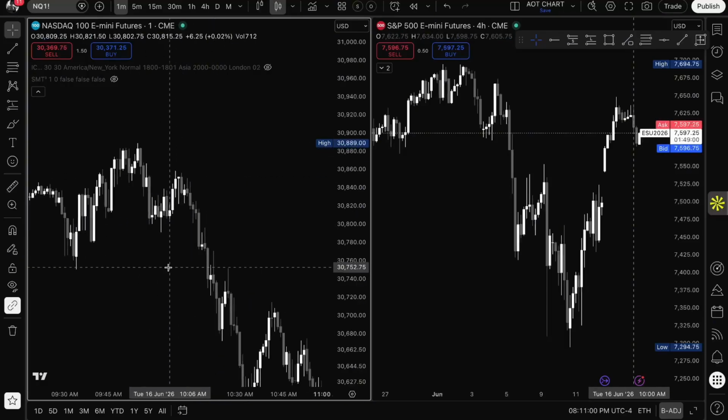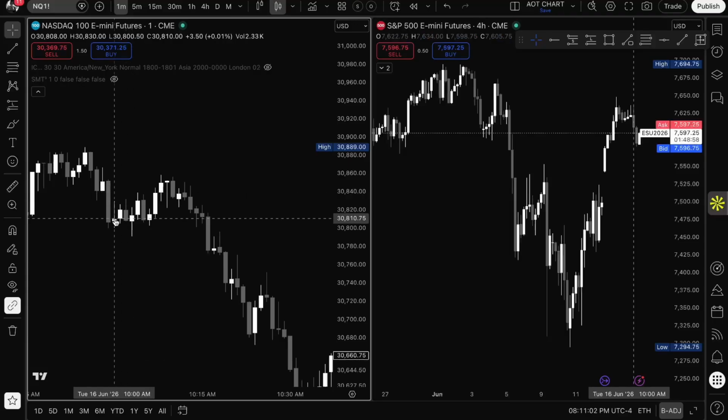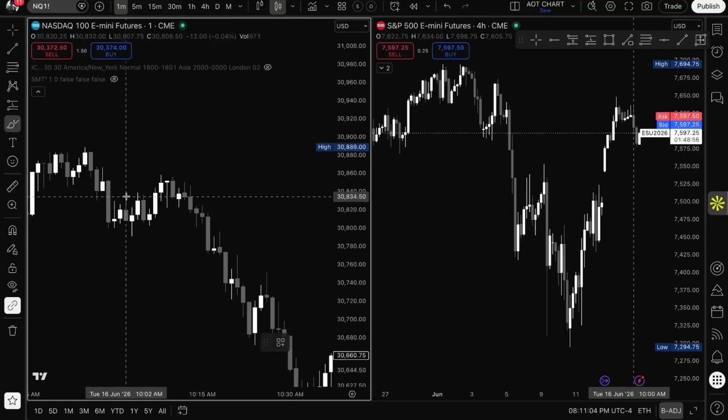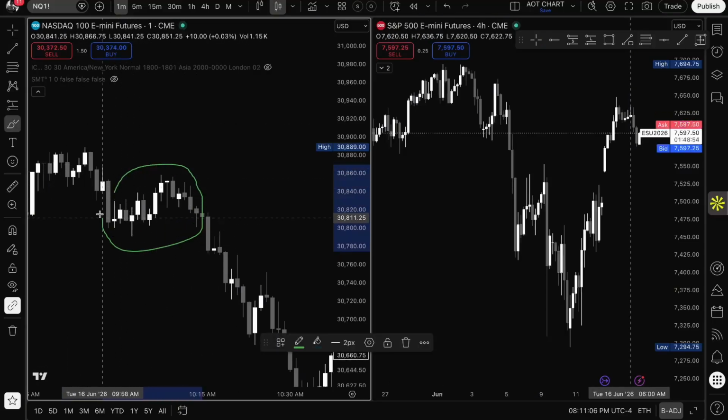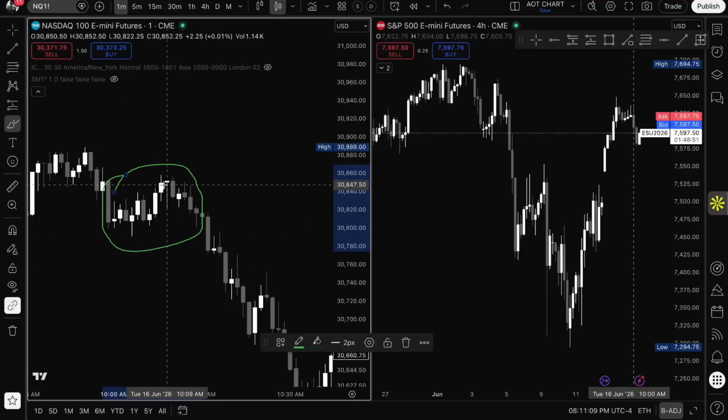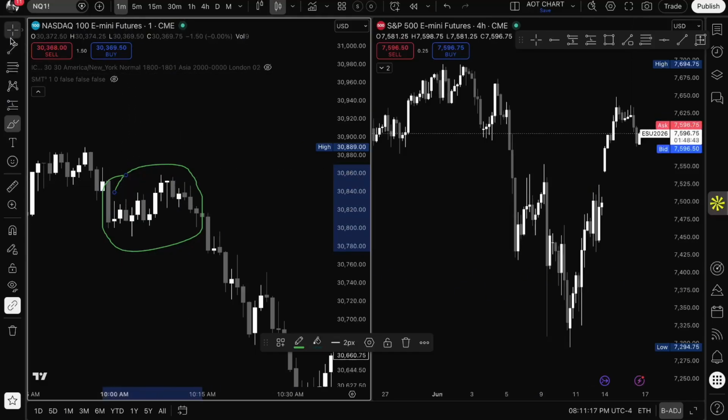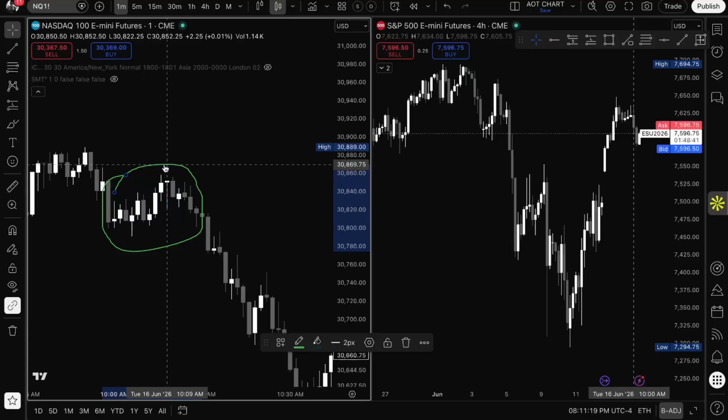If I had a whole bunch of candles like this right here, this doesn't tell me anything about what's gonna happen in the market. I can't take a trade off of these small candles just going side to side. You know what I'm saying? Not really doing anything. I can't do anything with that, right?